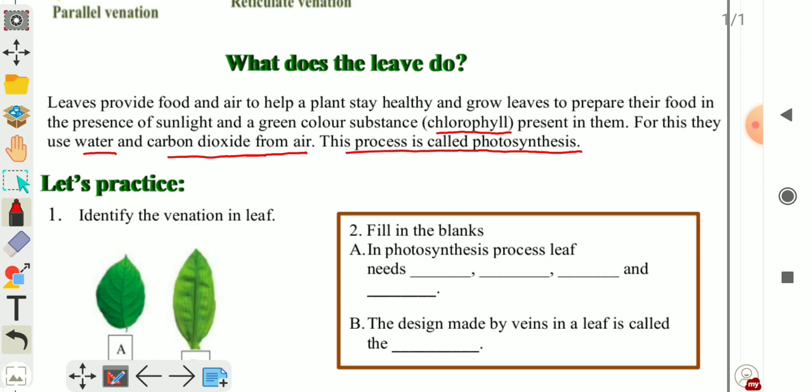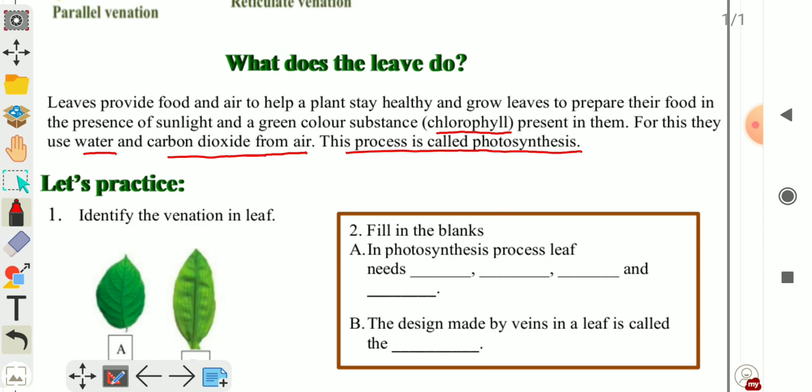Means in the process of photosynthesis, the leaf prepares food by using water and carbon dioxide from air in the presence of sunlight. This process is known as photosynthesis.